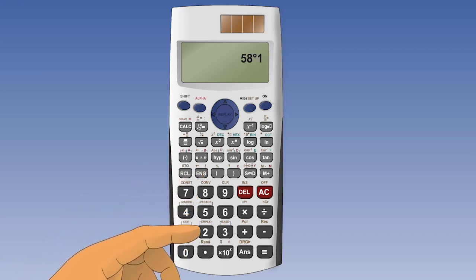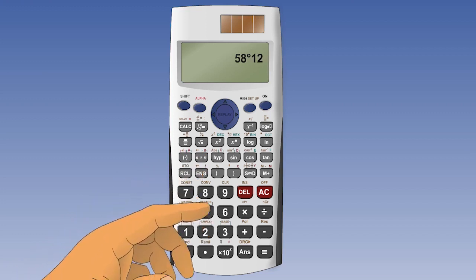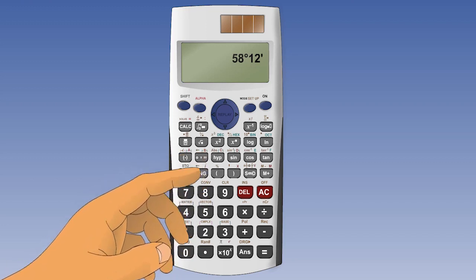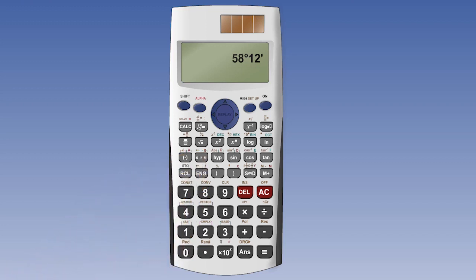Different models work in different ways, but in general, you key in the degrees, press the DMS button, then key in the minutes, and press the DMS button again. We don't normally need the seconds. Find out how yours works and it will save you time. But however you do it, don't treat 58 degrees and 12 minutes as 58.12 degrees. It's a common mistake.